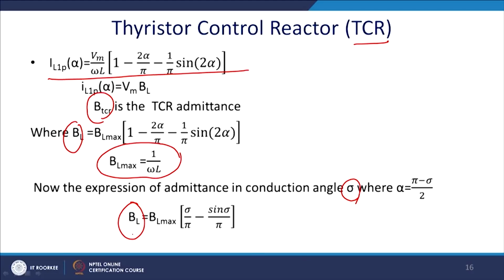This will be the expression for the instantaneous value of B_L for the firing angle alpha or conduction angle sigma. So, you may require to calculate what amount of impedance or admittance you will be injecting into the system, and from there we can calculate the value of the admittance.